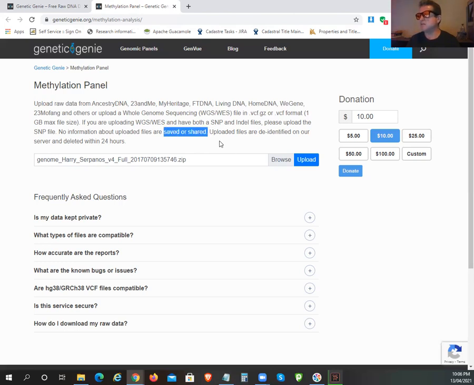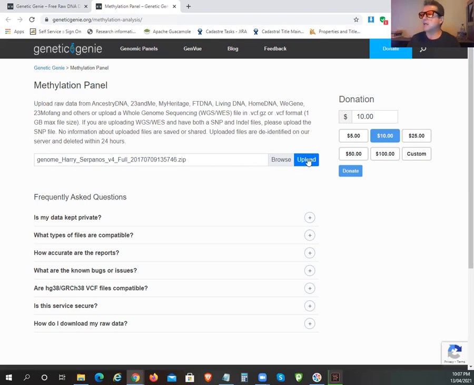This is a sort of free site, plus you can donate if you wish. Uploaded files are de-identified on our server and deleted within 24 hours. So if you've got a name or whatever, it's deleted, and then you have to re-upload and do a fresh run each time, or you can save it off, which is the other thing.